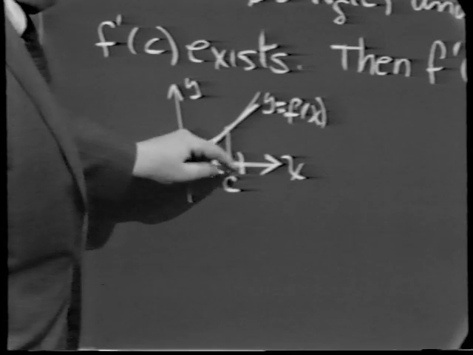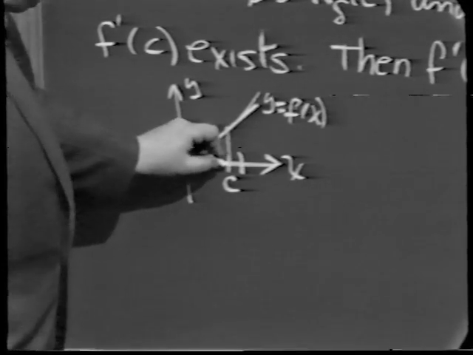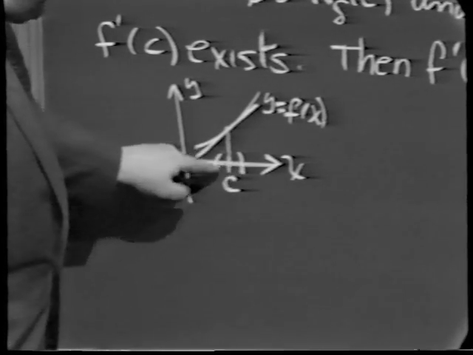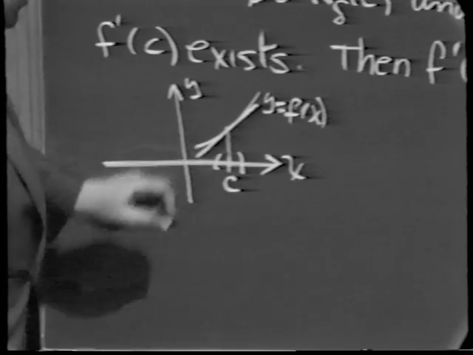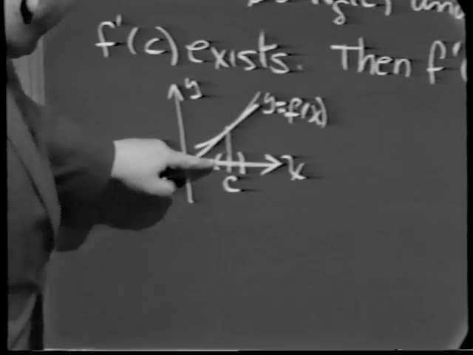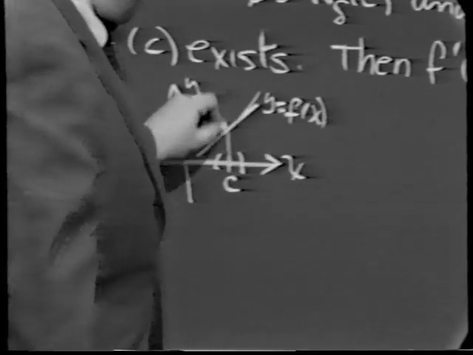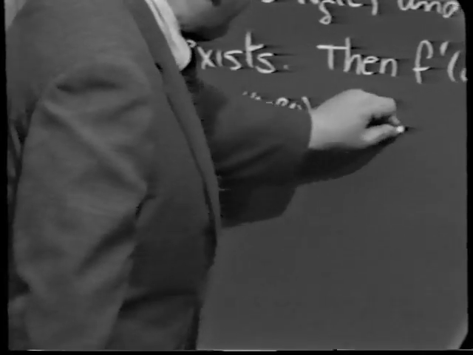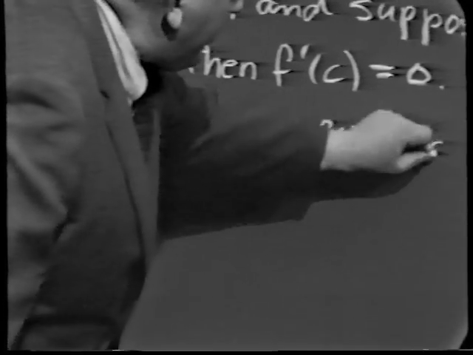Now, what we're saying over here is that if you look at this particular picture, observe that f of c will not exceed f of x for all x in this neighborhood. In fact, I think you can see just by looking at this picture that as x increases, f of x increases. In other words, in terms of this picture, if x is less than c, f of x is less than f of c.